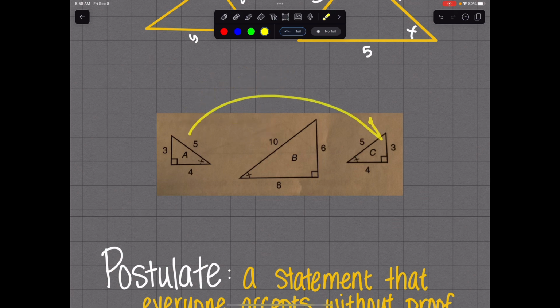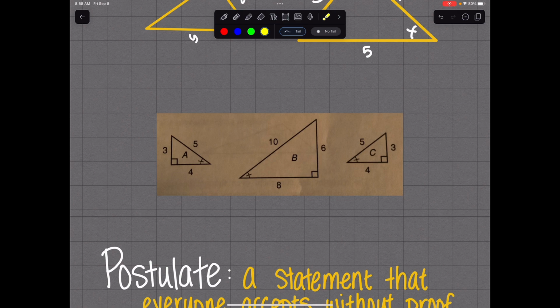But these are congruent because they're literally exactly the same, just flipped. So remember, congruent is exactly the same. Similar means you've shrunk it, you've given it a scale.